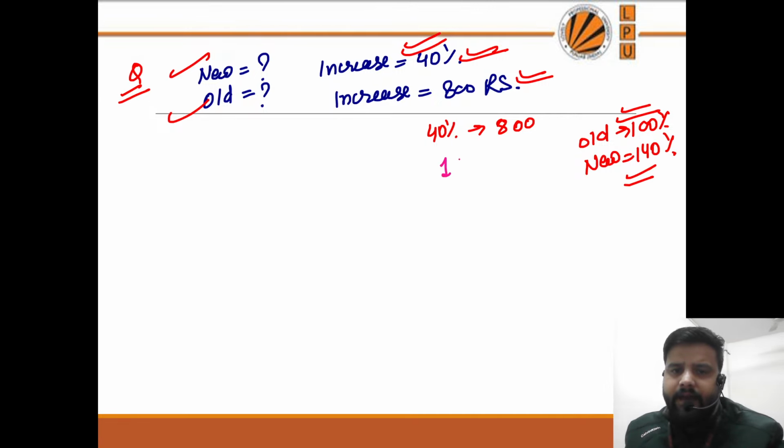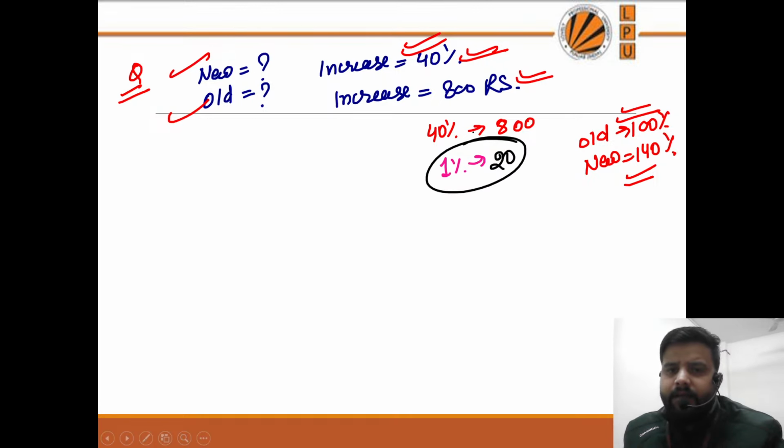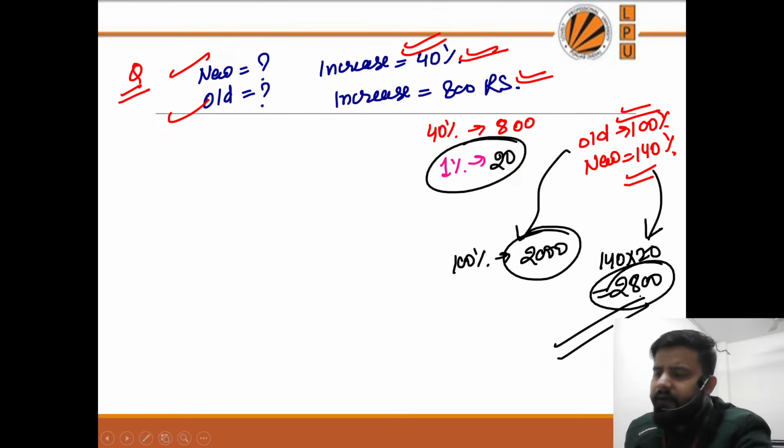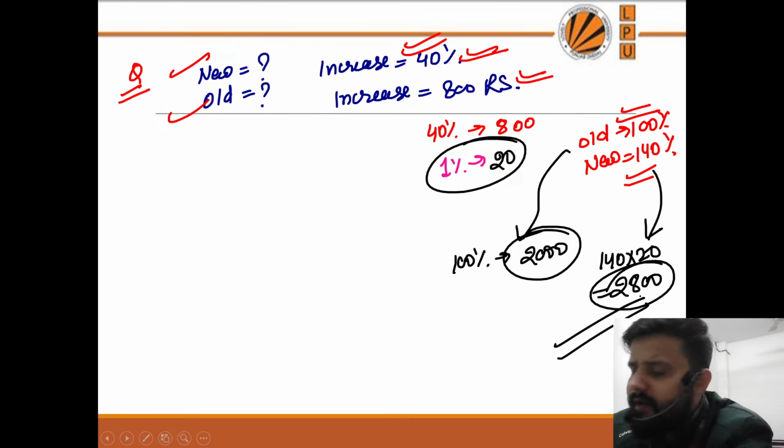From here you can calculate 1%, which will be 20. So now you are supposed to calculate the old value, which is 100%, so 100% will be equal to 2000, and the new value would be 140 into 20, which makes it 2800. So this is the answer for this question. You can arrive directly at the old value and new value.